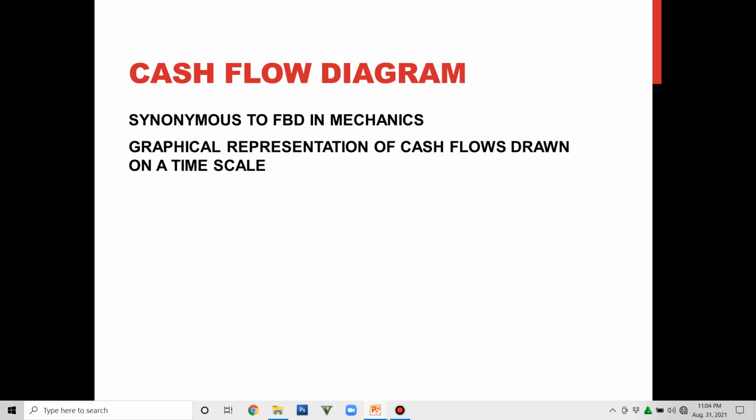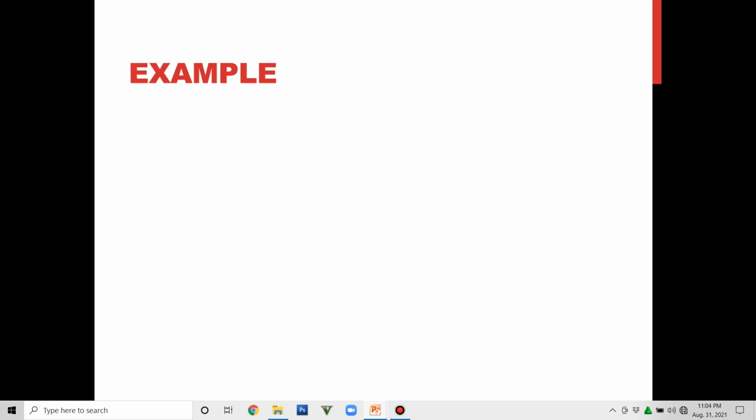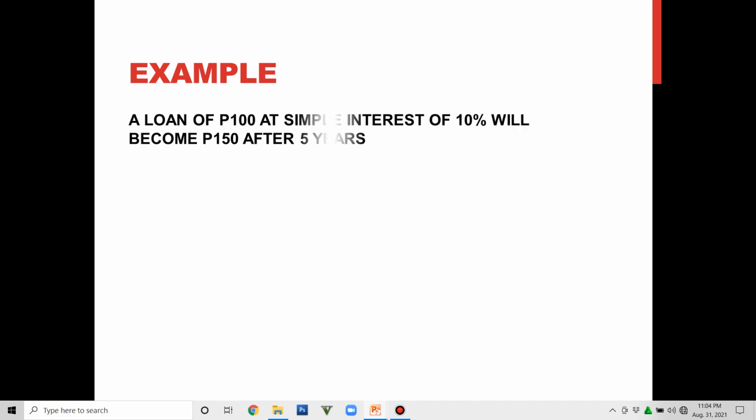So it is essential that we represent the graphical illustration of the time and the cash flows on the cash flow diagram. The cash flow could either be a cash outflow or what we call disbursement, which will be represented by a downward arrow, or a cash inflow or receipt, which will be represented by an upward arrow. Okay, so let us move on to an example.